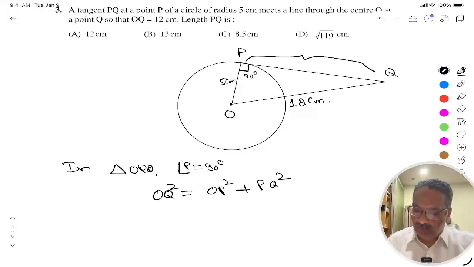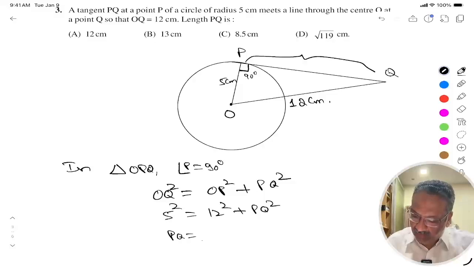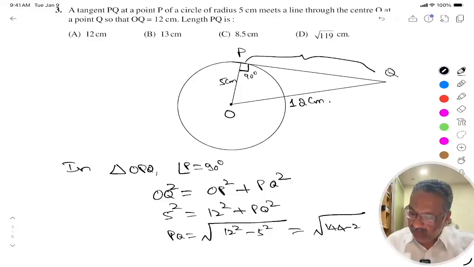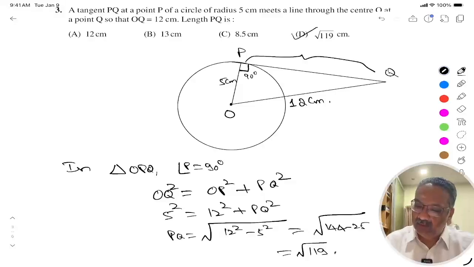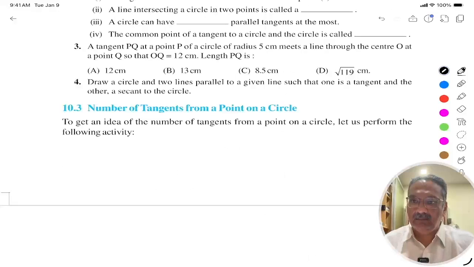So 12 square is equal to 5 square plus PQ square. So PQ is equal to square root of 12 square minus 5 square, which is square root of 144 minus 25, equal to square root of 119. Square root of 119 is the correct answer, option D.